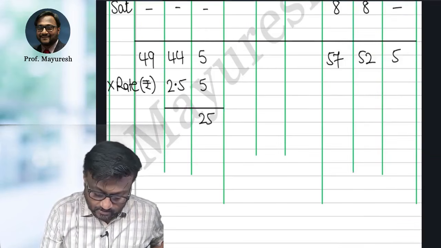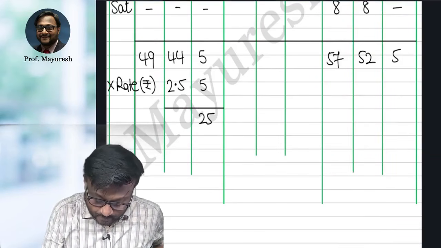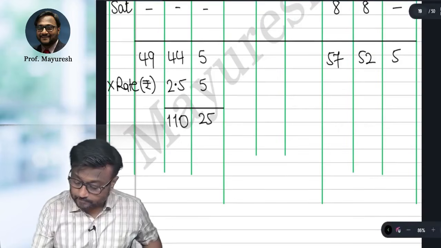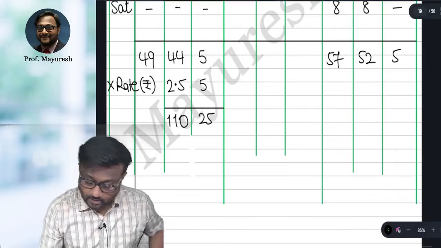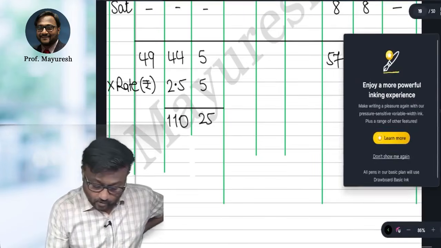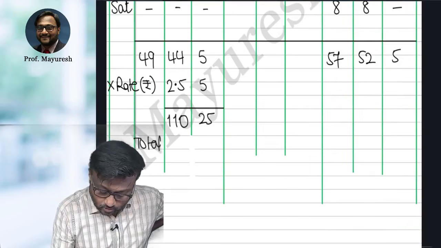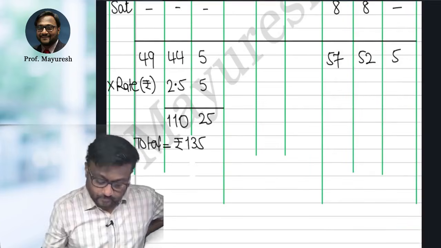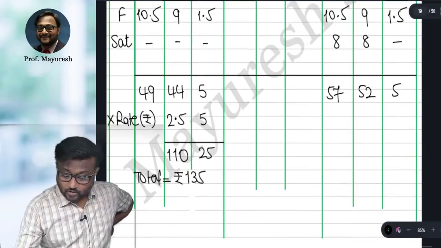How much is this? 110. Okay then, how much will be your total wages? Rupees 135. Have you understood this part?